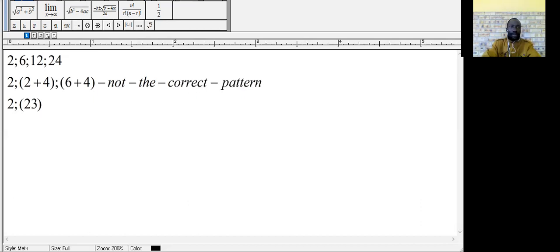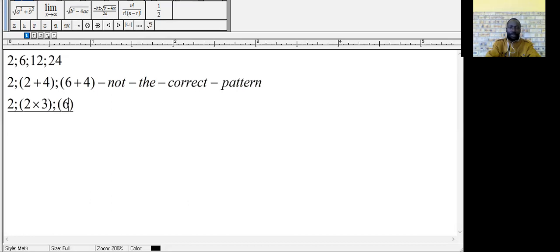So let's see what we get here. When we multiply by 3, that means for the next number, which is 12, to find 12, we must also multiply 6 by 3.